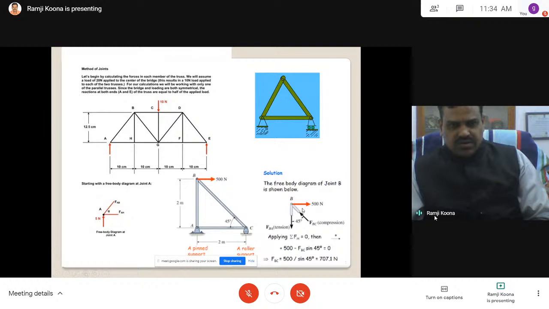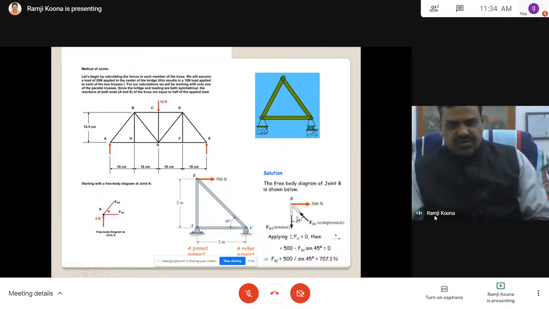When a horizontal load is applied, suppose you see the horizontal force is 0. This is the horizontal force, and this is vertical. This won't contribute. This is FBC cos 45, FBC sin 45. Because this is positive and this is opposite, it is acting negative. From this you got FBC as 7.